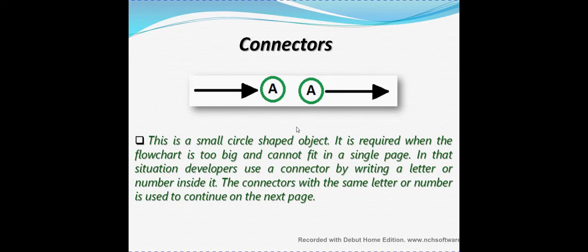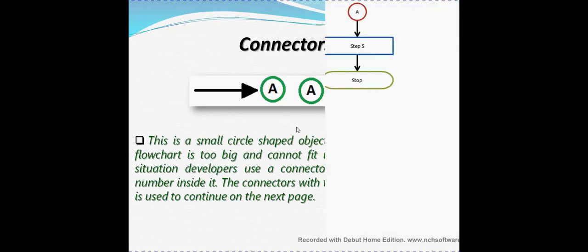Now it has been divided into two parts from between, and the steps are actually mixing with each other, and the reader has a problem figuring out which step is going where. So in that situation, connectors are used. They are used to lessen the space, and they are used to decrease the chances of errors and of confusion also.